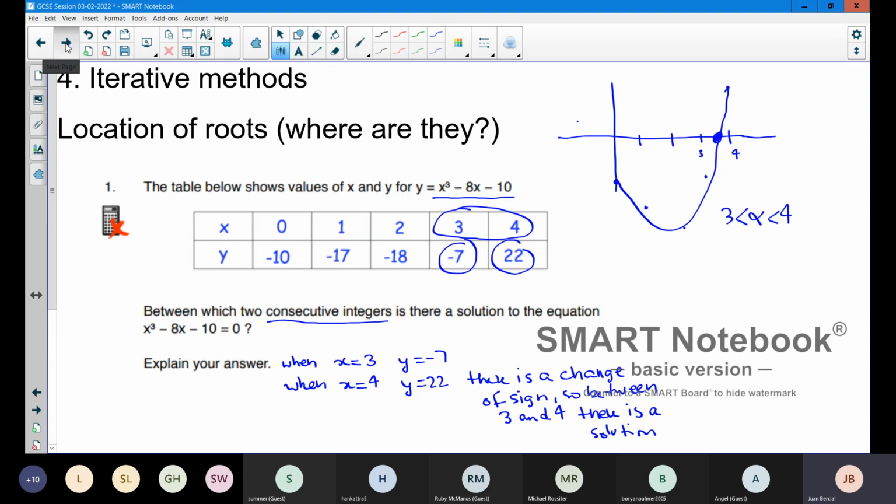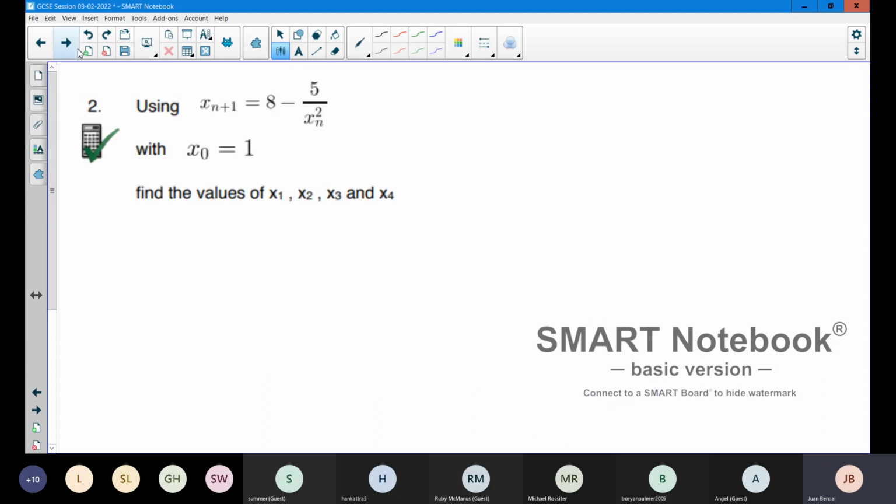So we locate them. Now, I hope that you've got your calculator handy. Make a note of this iterative formula.